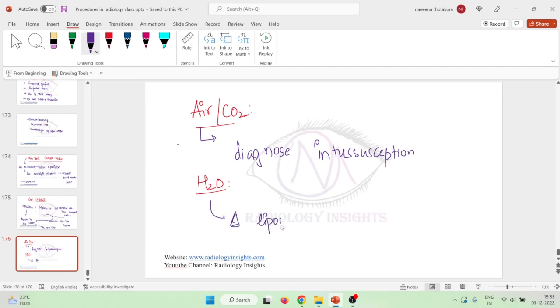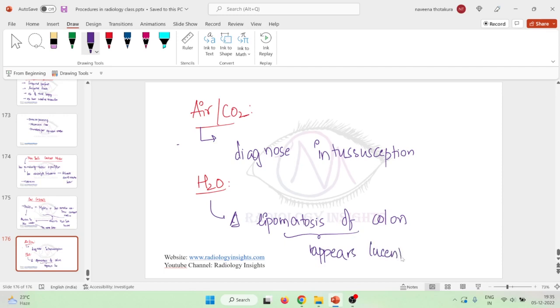In the diagnosis of lipomatosis of colon, we can use water because lipomatosis of colon appears lucent in water.